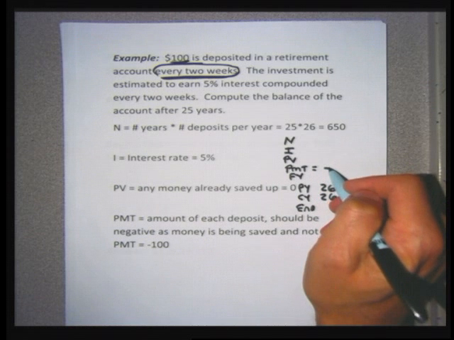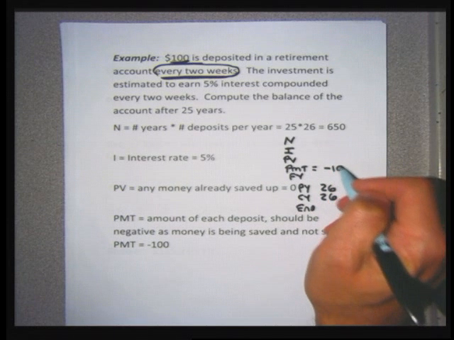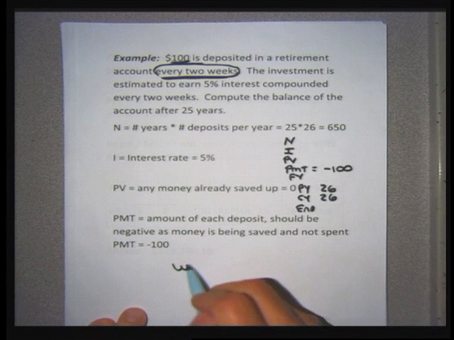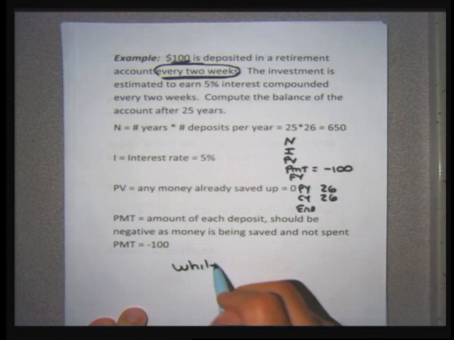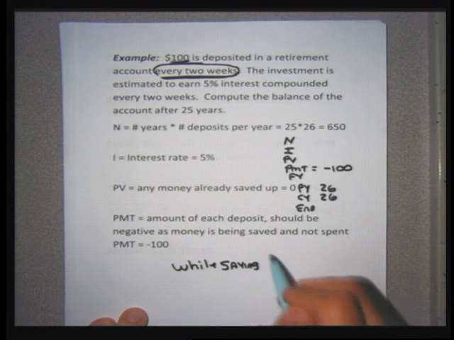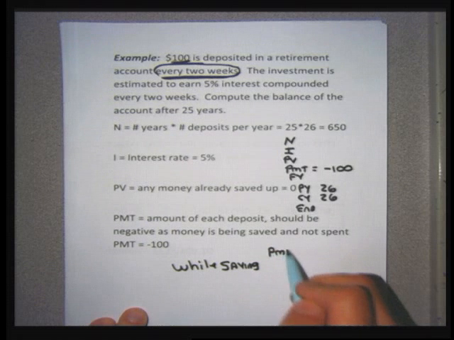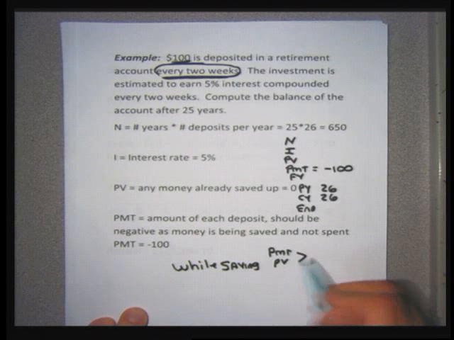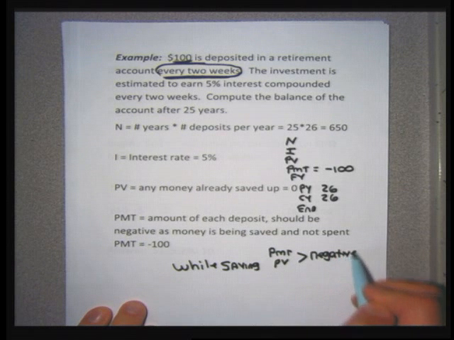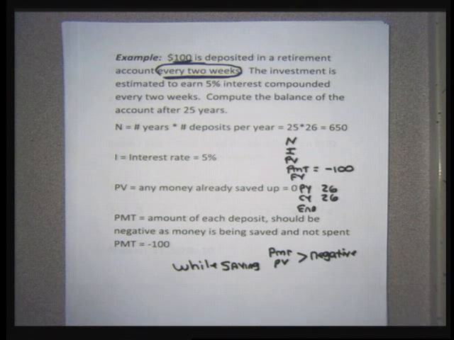While saving, the PMT and the PV both go in as negative. And that's this kind of problem.